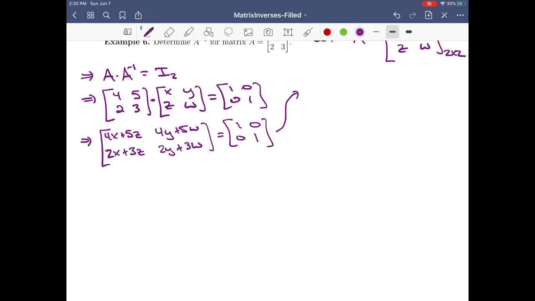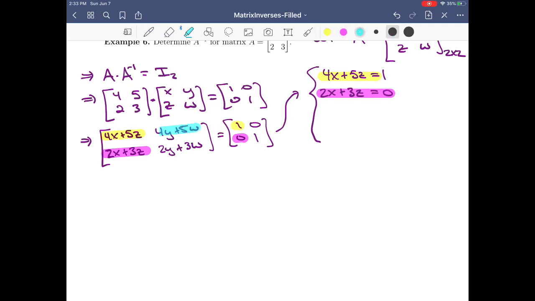So what that's going to give us is a system of equations. So let's get some colors out here. This 4x plus 5z has to be equal to 1. So that's going to be an equation that we have up here. We also need 2x plus 3z to equal 0.